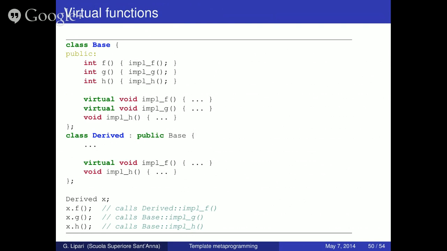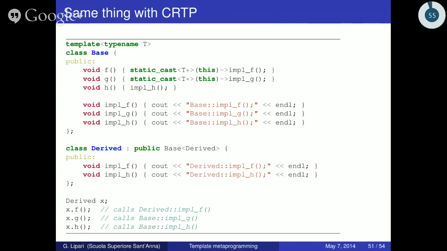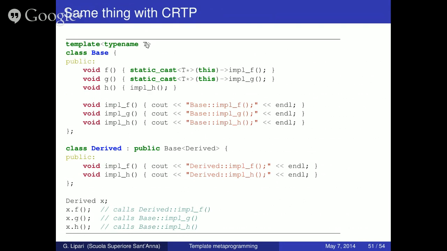How can we simulate this without using virtual functions? For this, we are going to use the curiously recurring template pattern. So we have base, which is now a template class. f first performs a static cast of this to T star, and then implementation f is called.